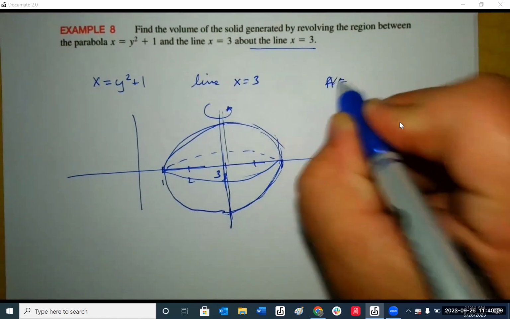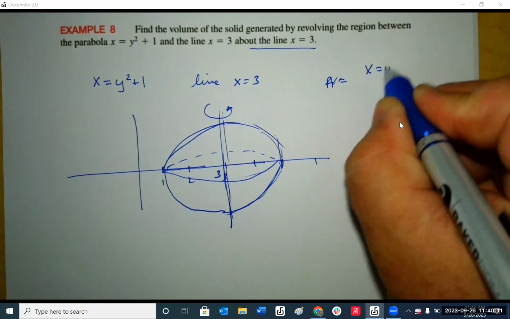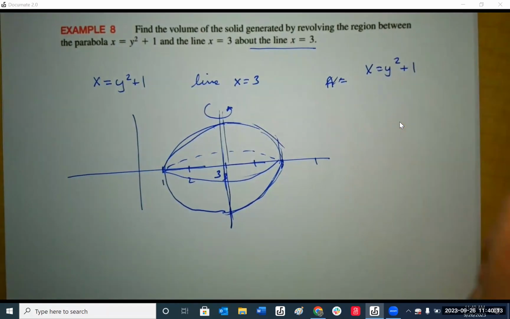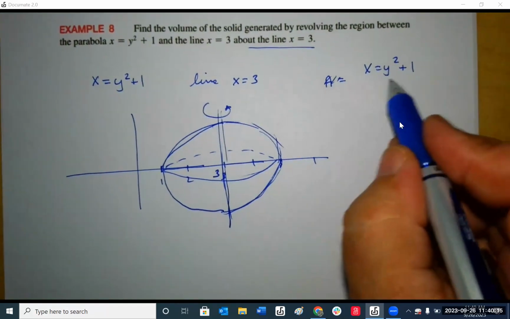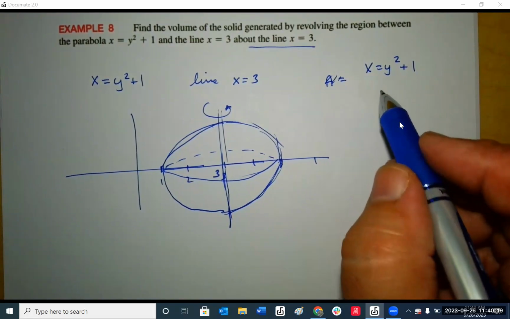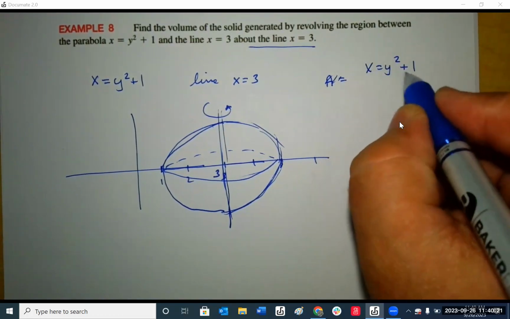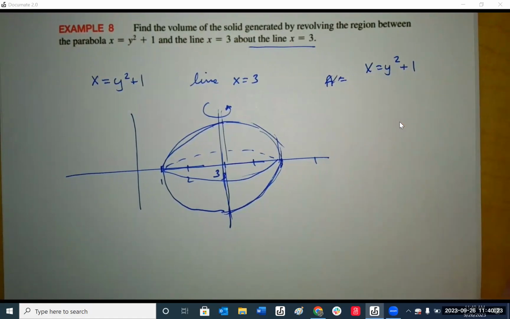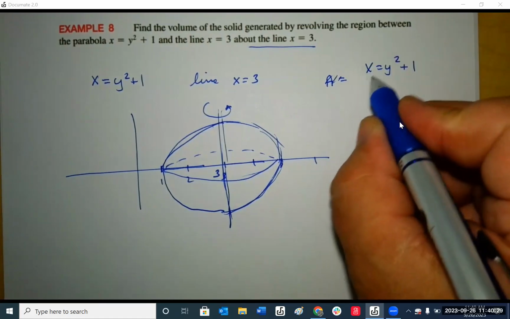Okay, so let's look at this. X equals y squared plus 1. But this is a function with respect to y. This is x with respect to y. So do we have to change it at all? So that's going to be our radius.